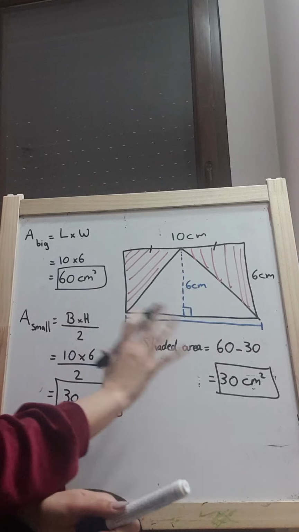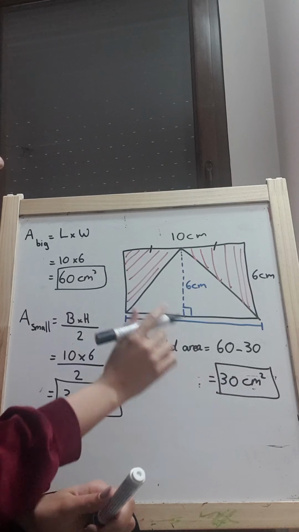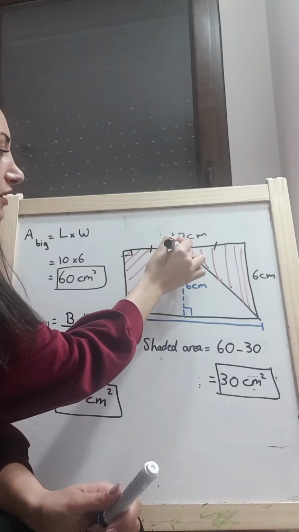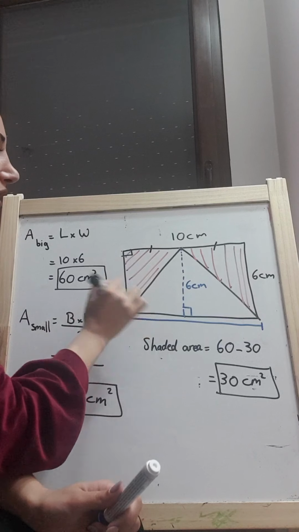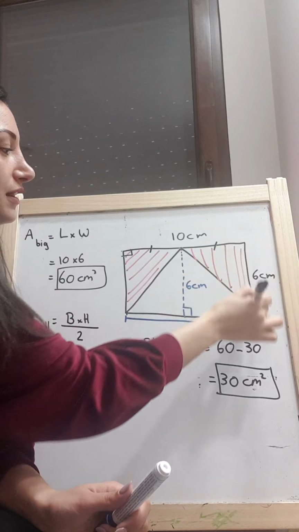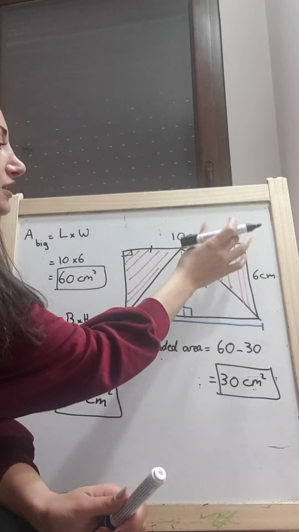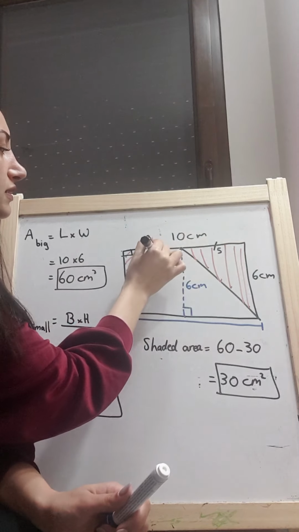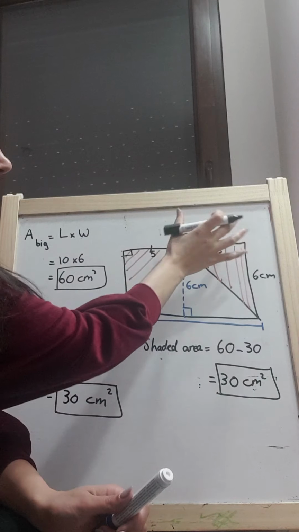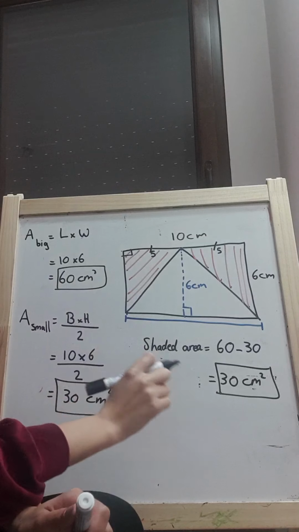Unless I tell you that this is equal to this, very simple, no need to subtract and do all of this. You come and tell me, this is a triangle, this is its base, and this is its height. This is another triangle, this is its base, and this is its height. This is 5, and this is 5, because I told you that this is equal to this, so the 10 is divided equally among these two.